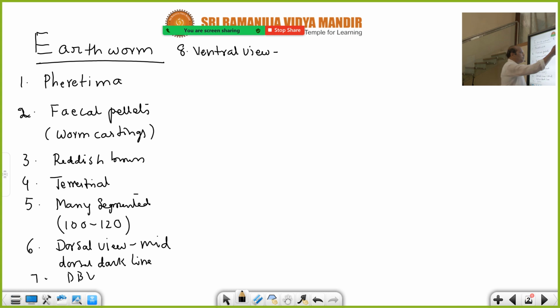So ventral view can be represented by genital openings. Underline that line in the NCERT. You have forgotten. We have discussed, you have forgotten. Anyhow, thank God, dorsal view can be represented by the mid-dorsal dark line, that you have answered, but ventral view can be represented by genital openings.